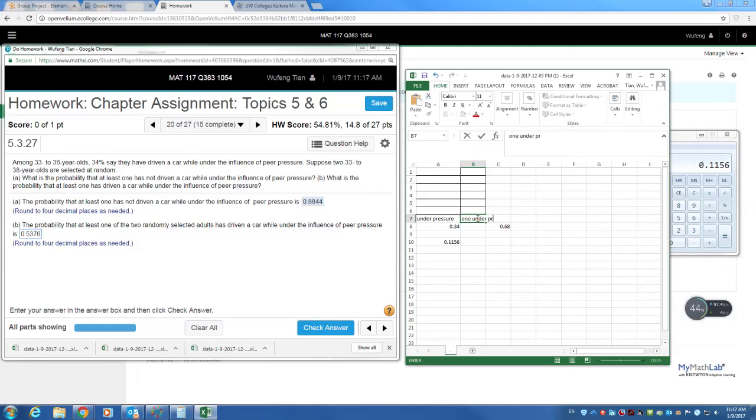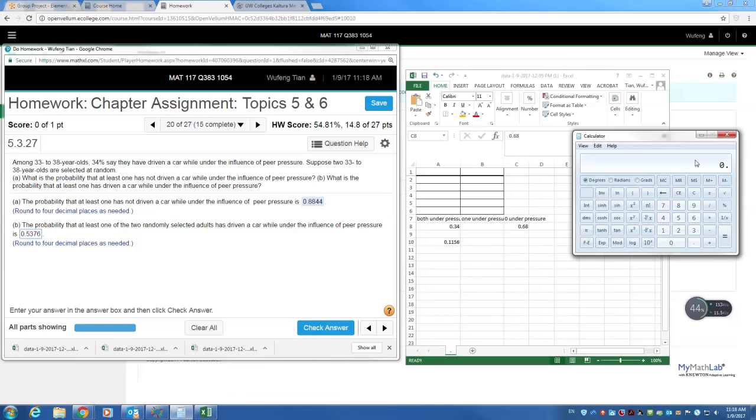Then one under pressure, choosing one from the two. So there are both under pressure, one under pressure, and 0 under pressure. Zero under pressure is 0.68 times 0.68, 0.4624.